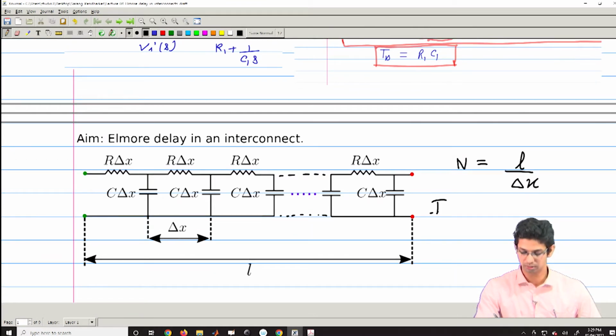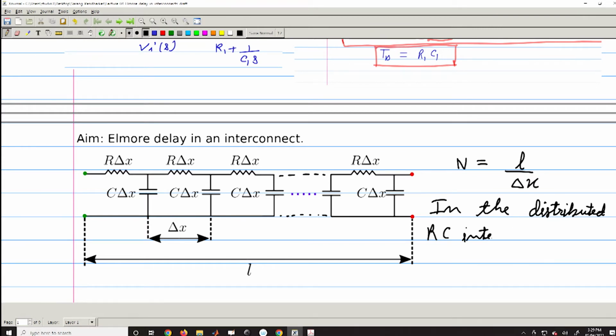In the distributed RC interconnect limit, your delta x was going to 0.